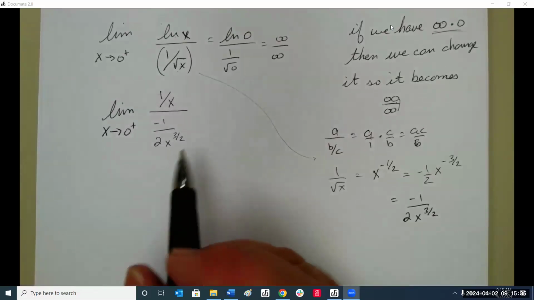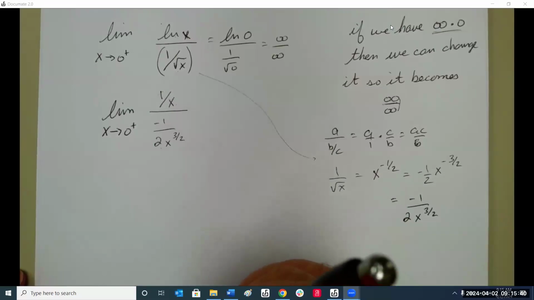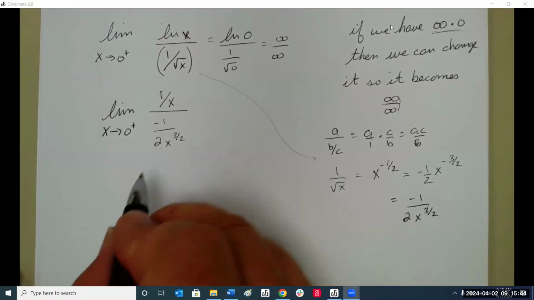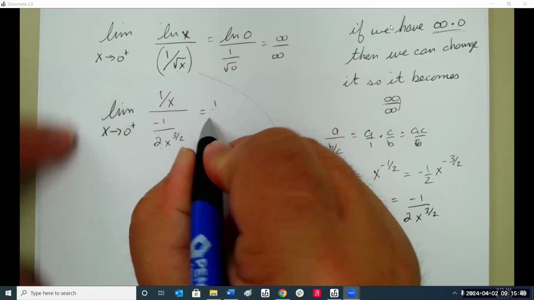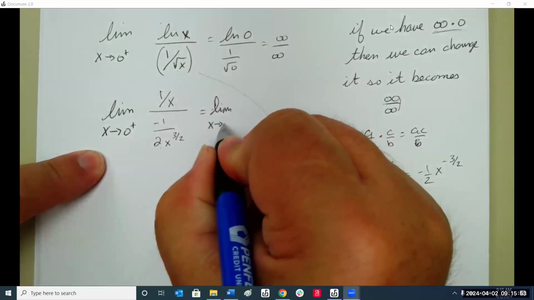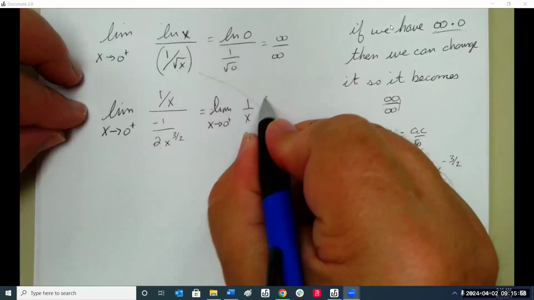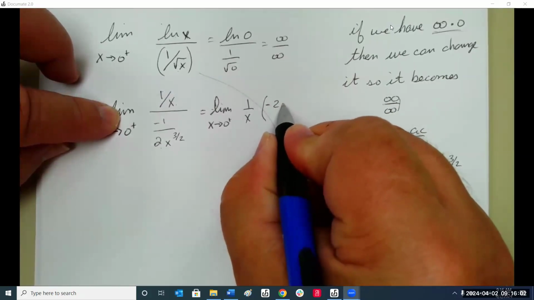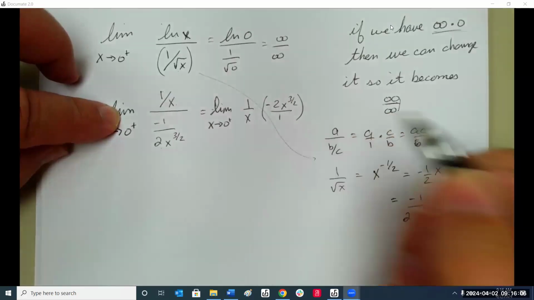Yeah, then what you may say is 1 over 0, 1 over 0 is still infinity over infinity. But again, algebraically, what do we do? Take the top fraction, we have the limit of it, I should say. So take the top fraction, flip the bottom, which makes it negative 2 x to the 3/2 over 1.